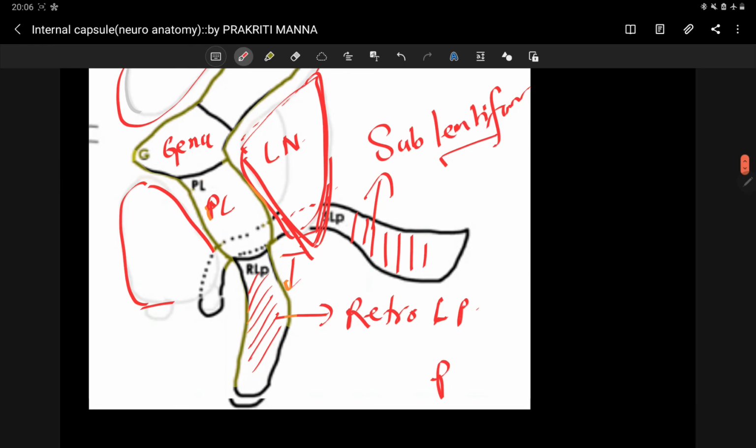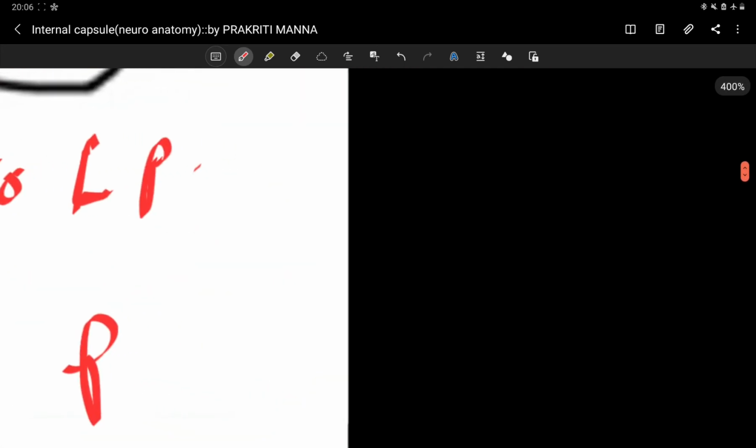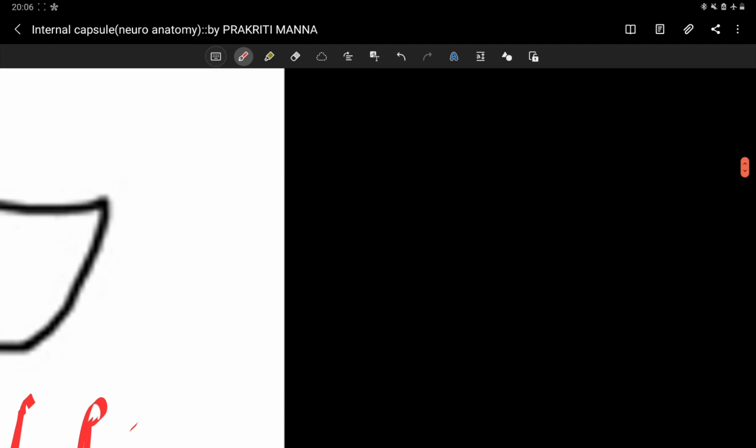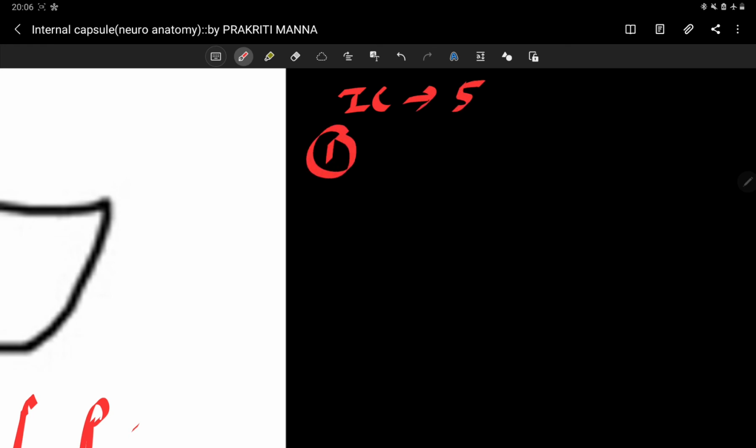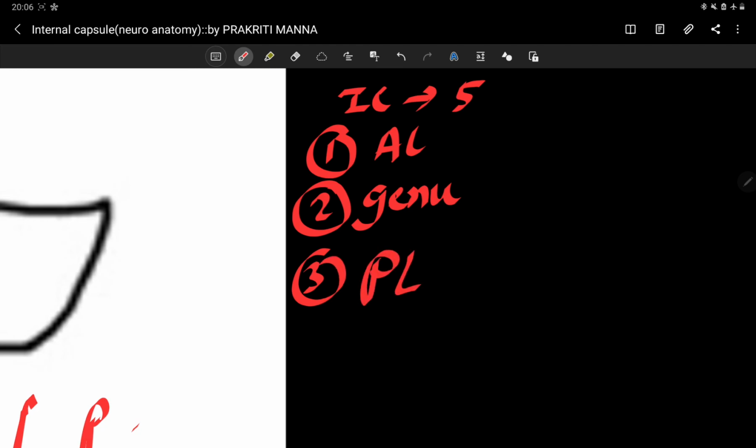So internal capsule has 5 divisions. One is your anterior limb, which is present medially in between the caudate nucleus and lentiform nucleus laterally. Then genu, then posterior limb, which is present in between the thalamus posteromedially and the lentiform nucleus laterally.